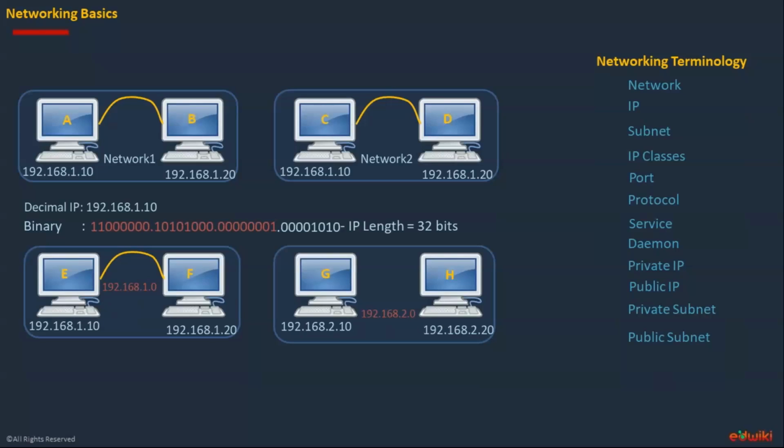Now my other statement is all the servers which belong to 192.168.1.0 can communicate with each other. All the servers which belong to the 192.168.2.0 network can communicate with each other. But servers from the 1.0 network to the 2.0 network cannot communicate as they belong to two different networks. So communication between the two networks will not happen by default. Whatever I discussed some time back, I'm repeating the same step. This time I just replaced the name of the network with the network ID concept.